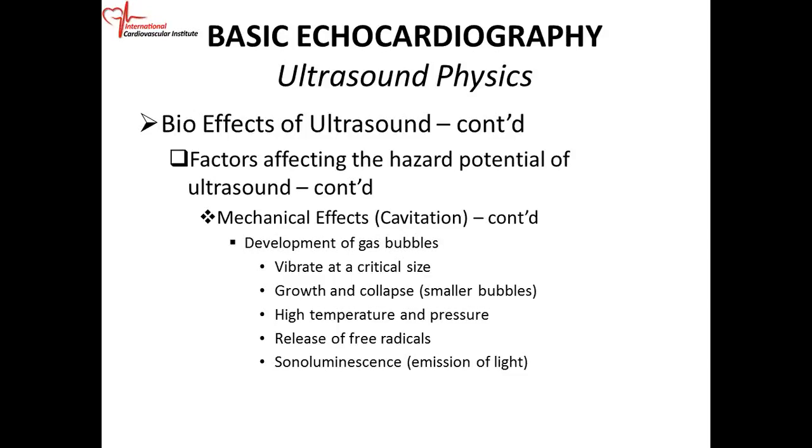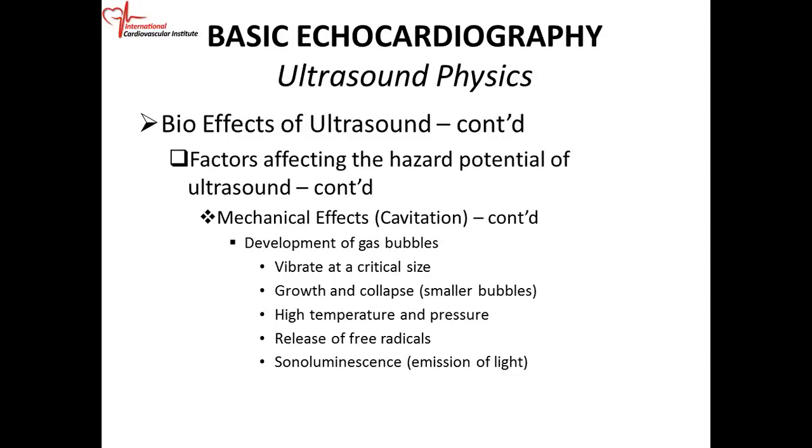So the mechanical effect is the development of gas bubbles, and with the development of these gas bubbles, you have a vibration at a critical size, and these bubbles grow and collapse. As mentioned before, you'll get elevated temperature, and it's the negative pressure that creates these bubbles, or cavitation.